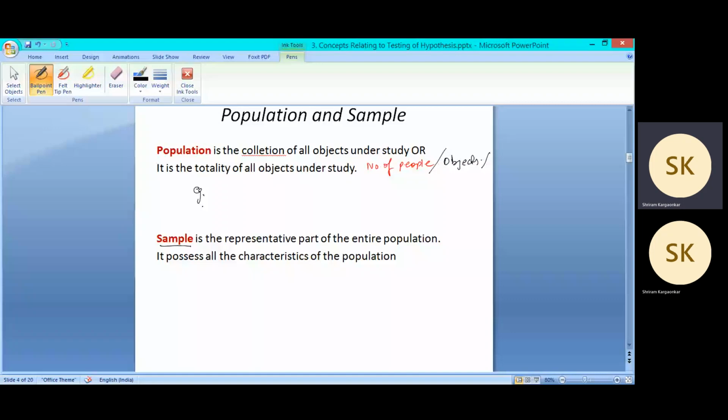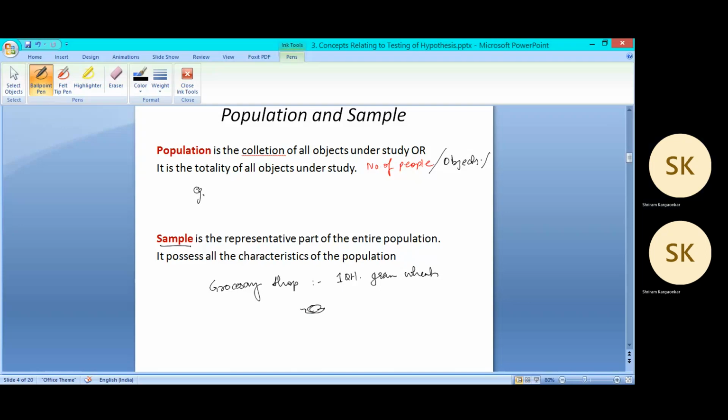Just like when we visit a grocery shop and have to purchase 1 quintal of grain, suppose wheat. Before making the decision, we just look at a handful of it. We check it in hand to see what the quality is like.